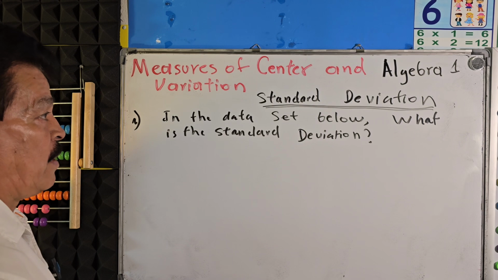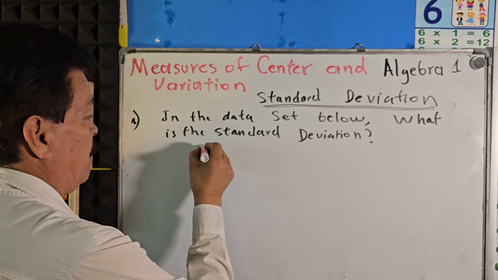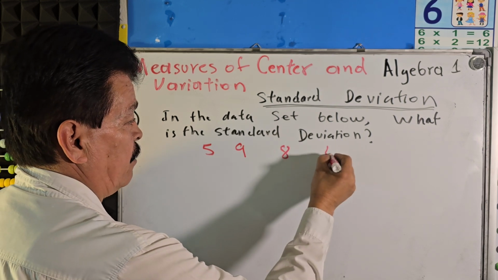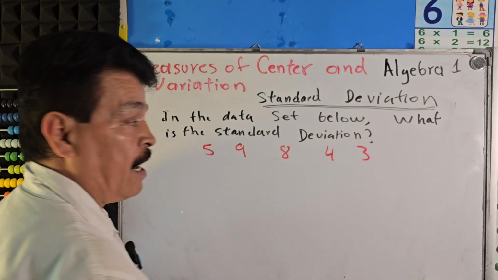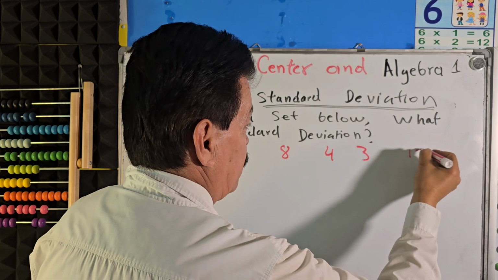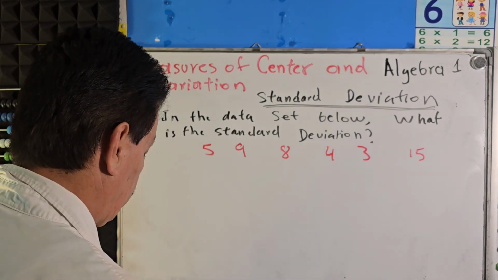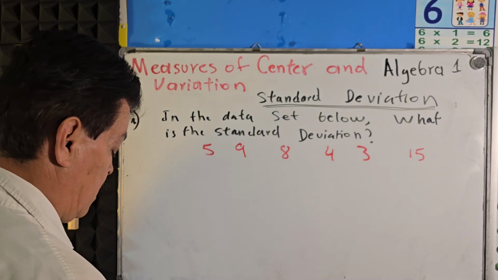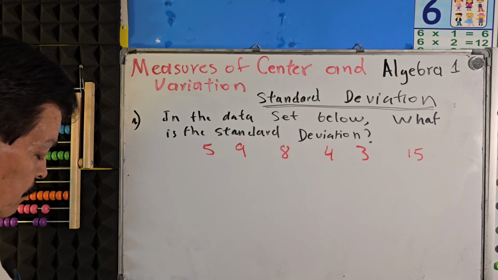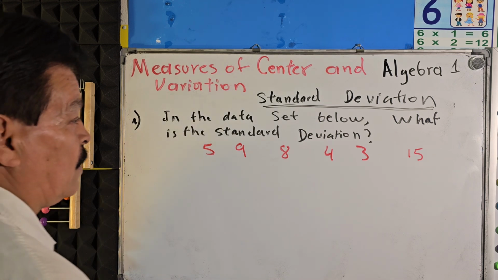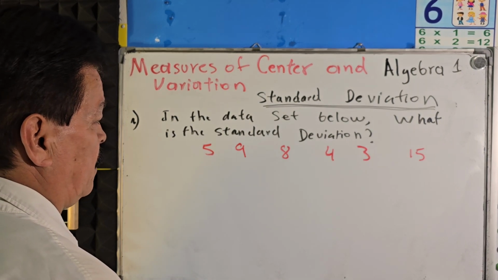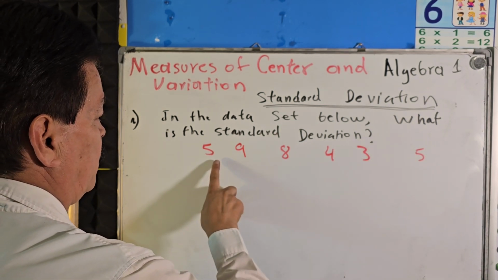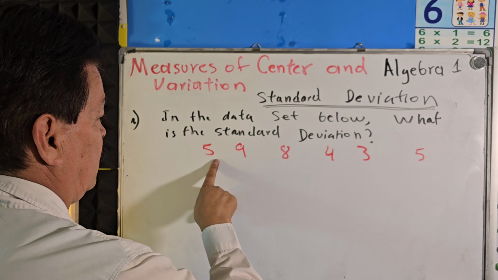As always, let's write the data. In this case, we have 5, 9, 8, 4, 3, and 15. So those are the problems. Let's see. Maybe let's write with those 9, 14.